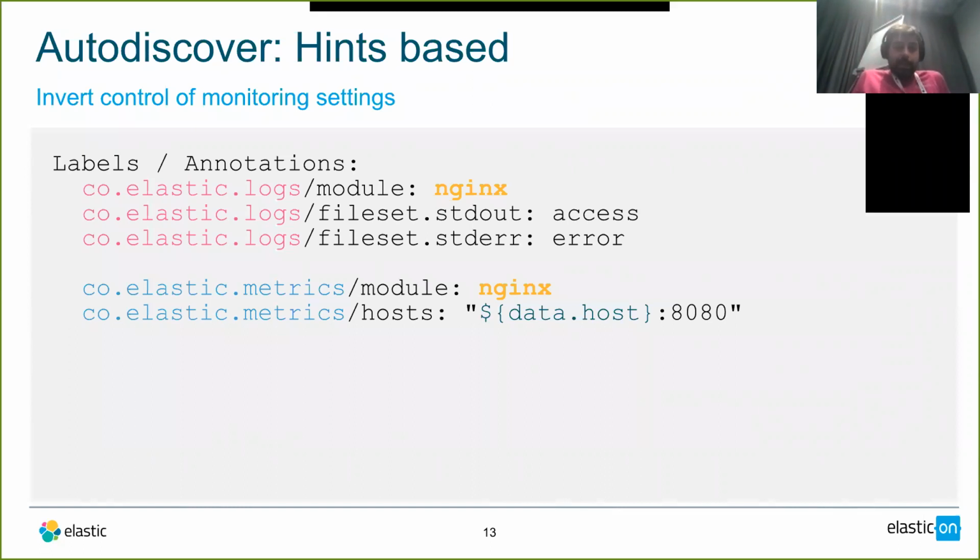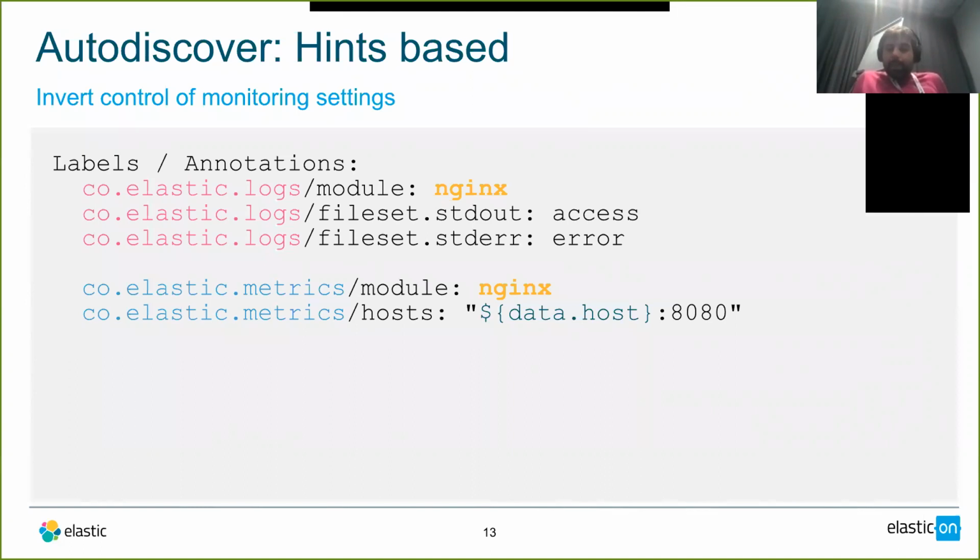So in this case, you are seeing some log labels telling that this container is running Nginx, and that I want you to use the access fileset on the stdout stream and the error fileset on the stderr stream.